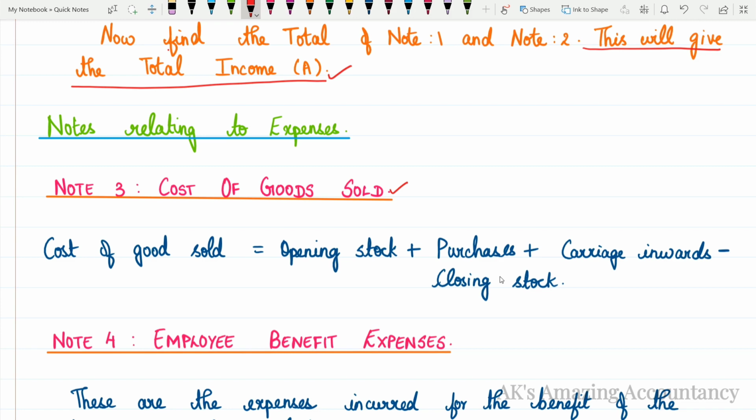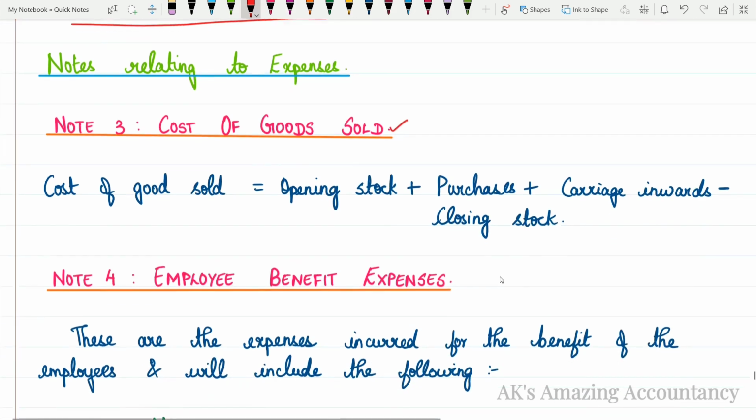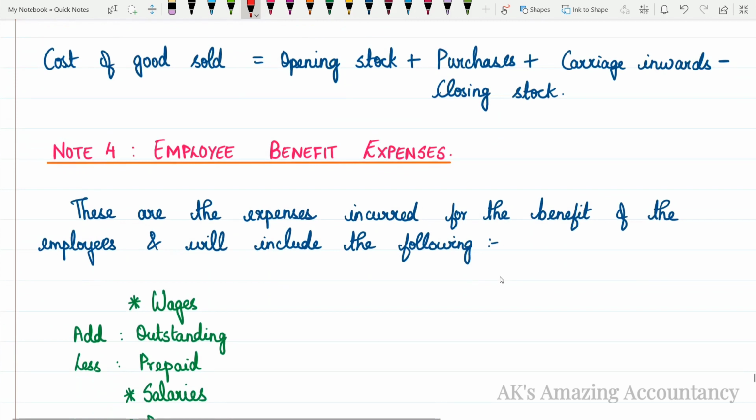Now we have note 4. Note 4 is for employee benefit expenses.